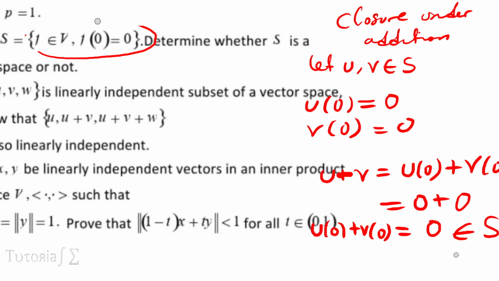So for instance here, closure under addition would have failed if we added U of 0 and V of 0 and it gave us maybe 5. If it gave us 5, it means that it has violated the definition. Remember, when you add vectors, you're just creating another vector. Supposed to be 0.